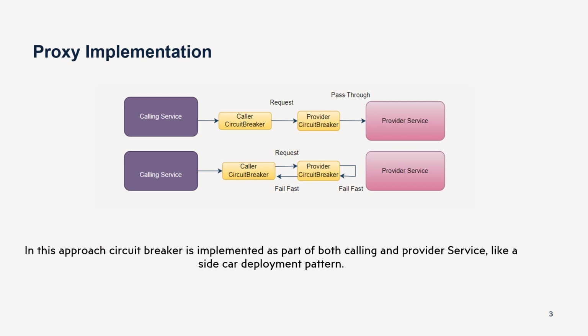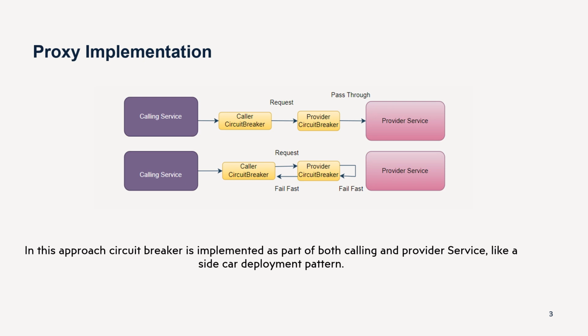So here what happens, right? Whenever there's no issue, like both services are up and running, then it's a pass through, there is no issue. But whenever the provider service is down, the circuit breaker will already do a fail fast, so that there will be no further calls going to the provider service.